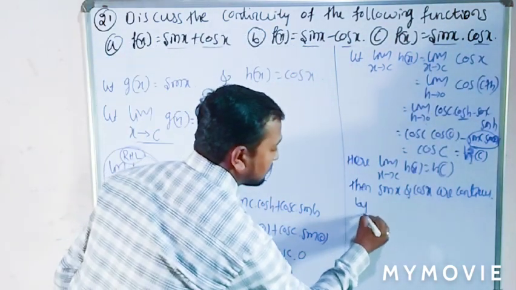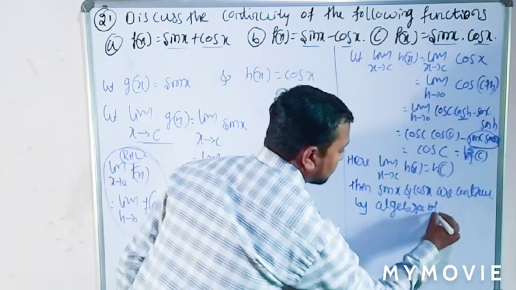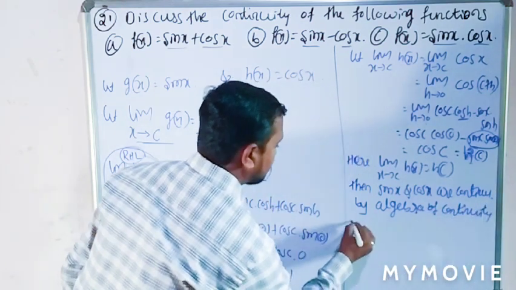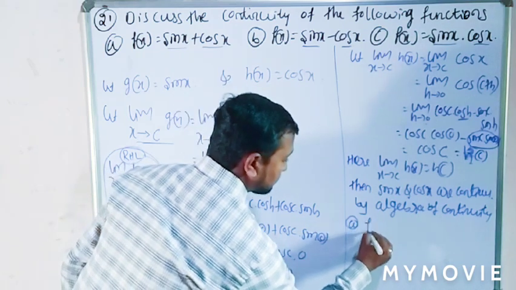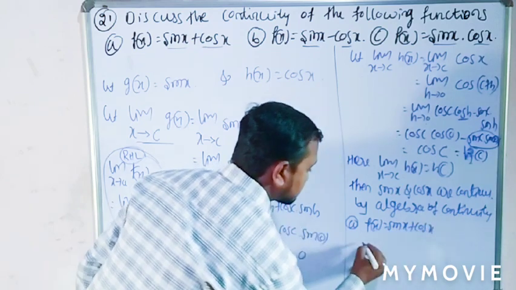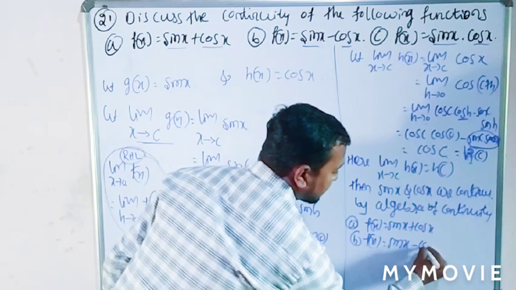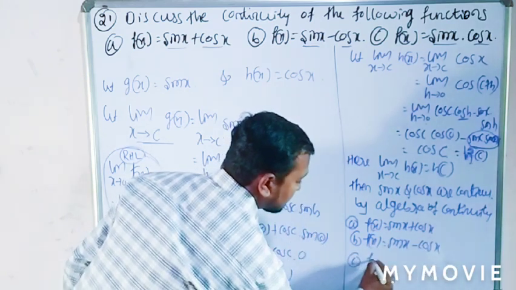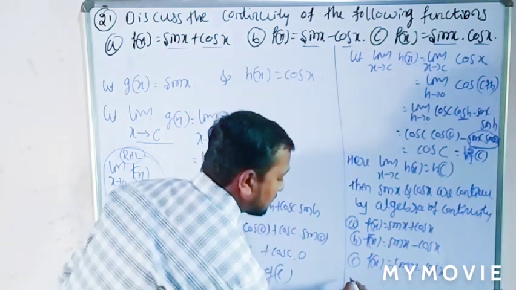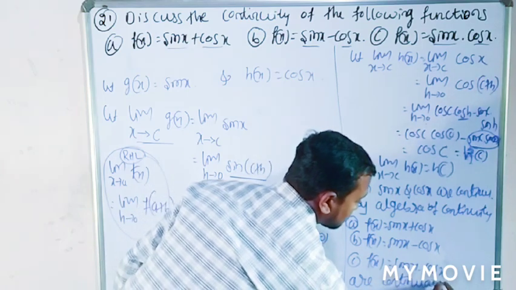So by the algebra of continuous functions, (a) f of x equal to sin x plus cos x, (b) f of x equal to sin x minus cos x, and (c) f of x equal to sin x into cos x are continuous functions.